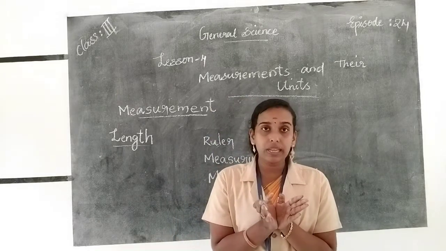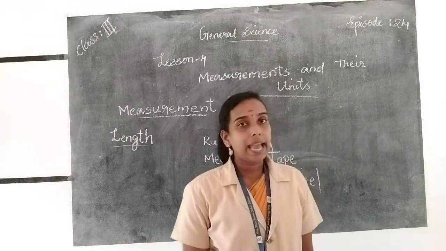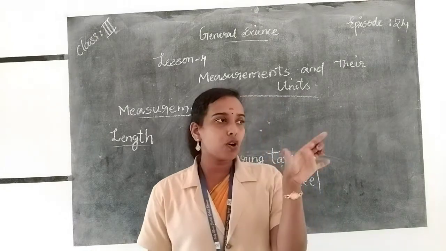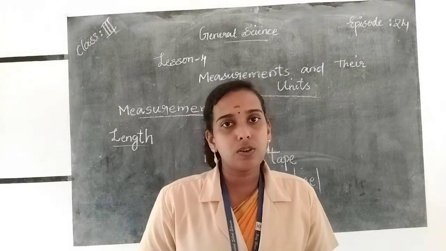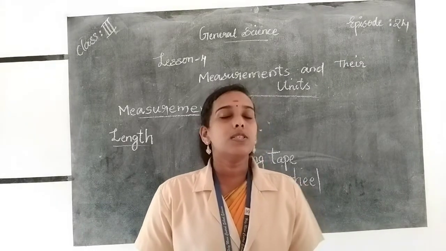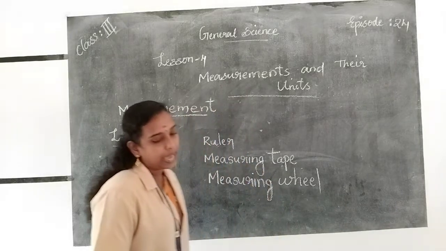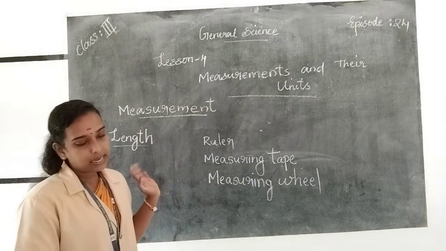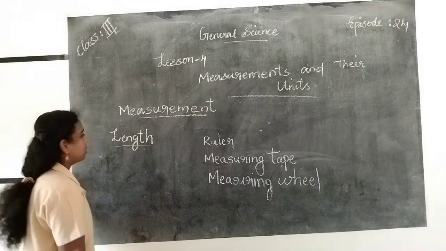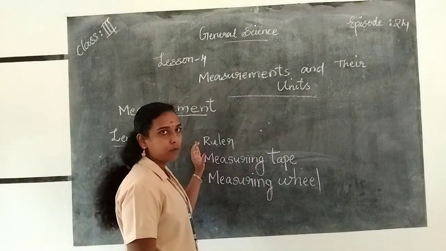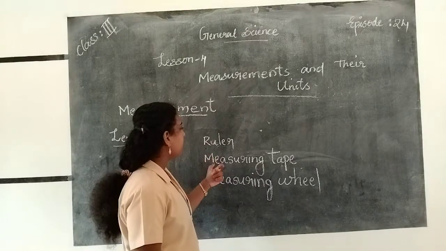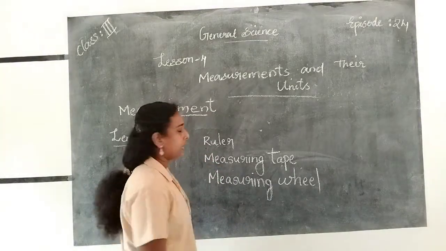We use the unit centimeter, and we use a centimeter scale to draw a line. And meter is the standard unit to measure length. So which are the three units of length? Meter, centimeter and kilometer. And the instruments used to measure length are ruler, measuring tape and measuring wheel.